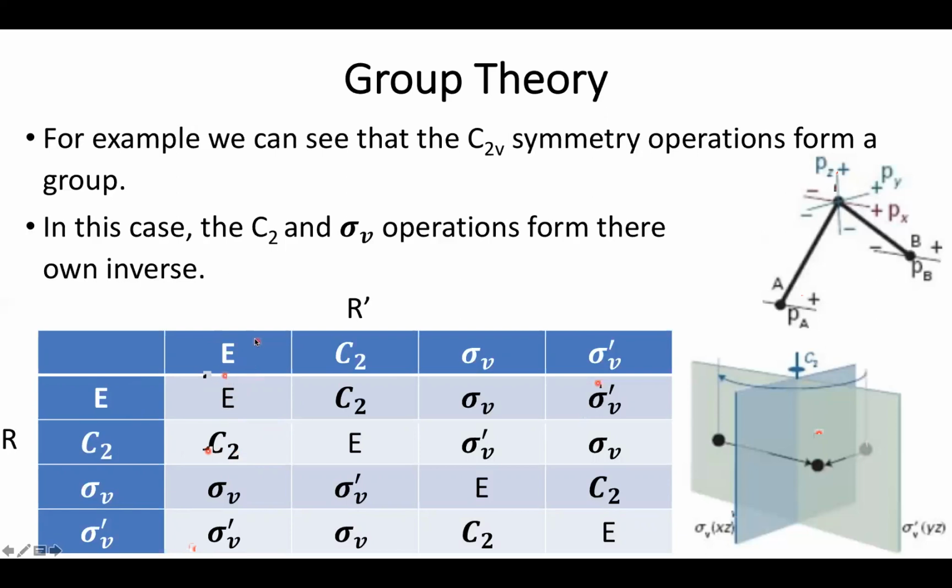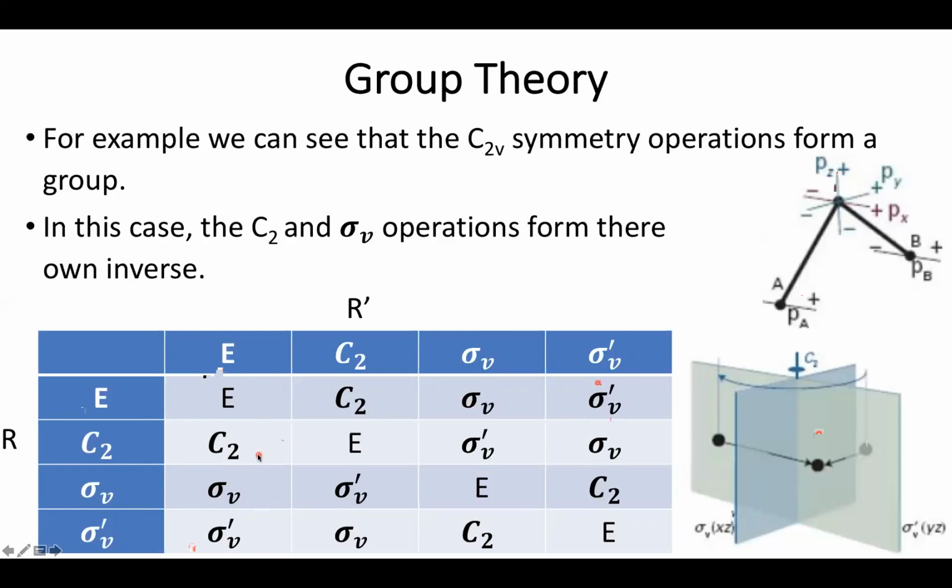This is one of the reasons why we love the identity, because if I combine the identity with any other symmetry operation, it gives me that symmetry operation back. So these seven matrix elements are actually rather easy to figure out. So we love these guys.